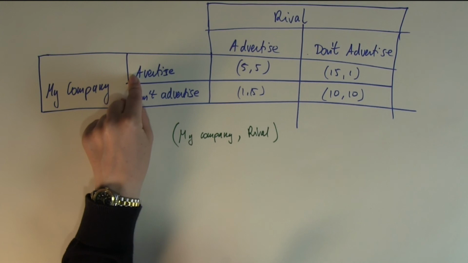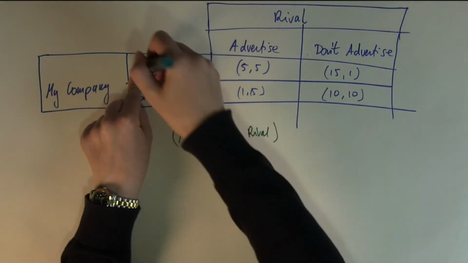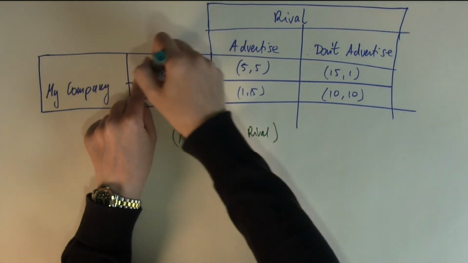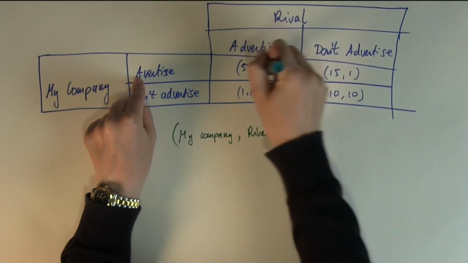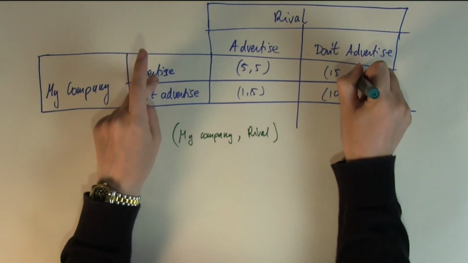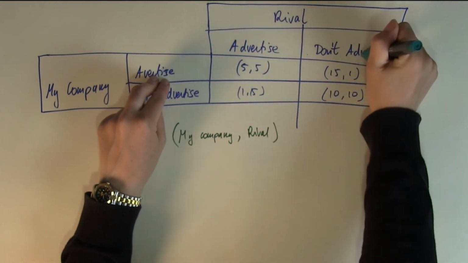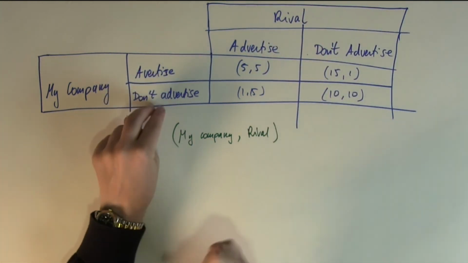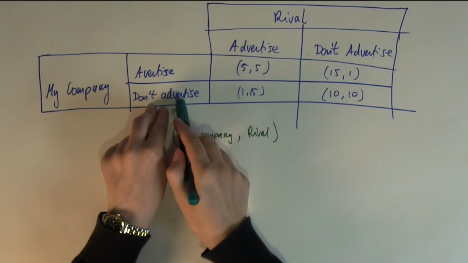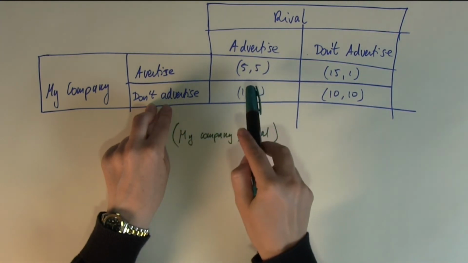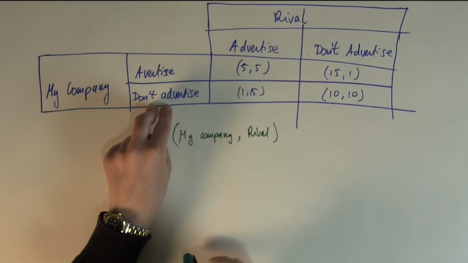This is me advertising. So these two number combinations in here are when I advertise, and my rival either advertises or doesn't advertise. And this scenario is when I don't advertise and my rival is either advertising or not advertising.